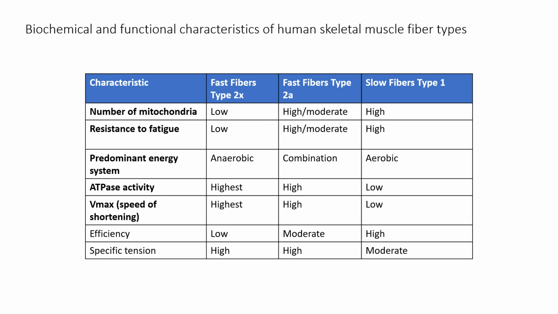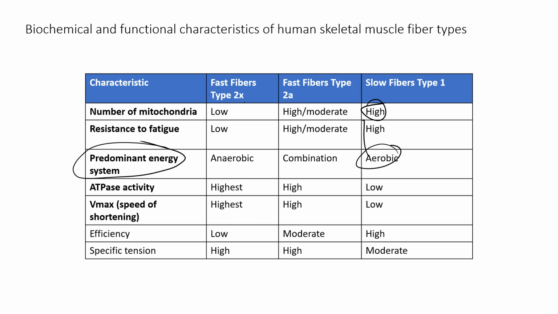Now we can continue on and look at the remaining basic components of this graph. The predominant energy system, okay? Slow twitch fibers, this says aerobic, but I would say that they are heavily reliant on what we would call slow metabolism. They have a very high quantity of mitochondria inside of them.